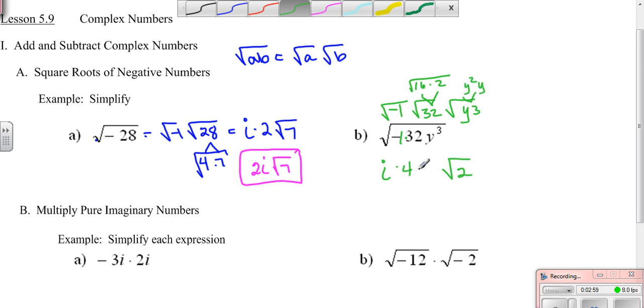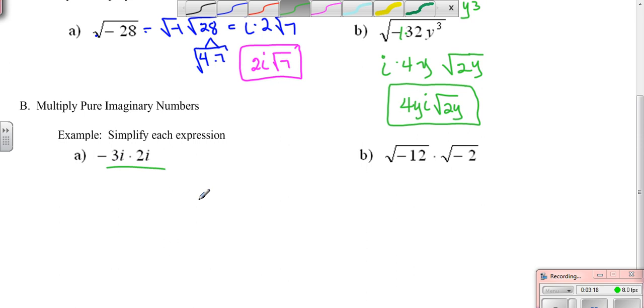The square root of y squared is y, and I have 1 y left over. And when I clean this up, I have 4y i square root 2y. And that is your exact answer.